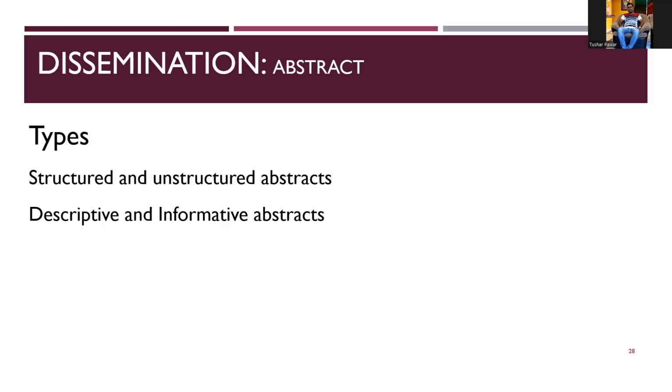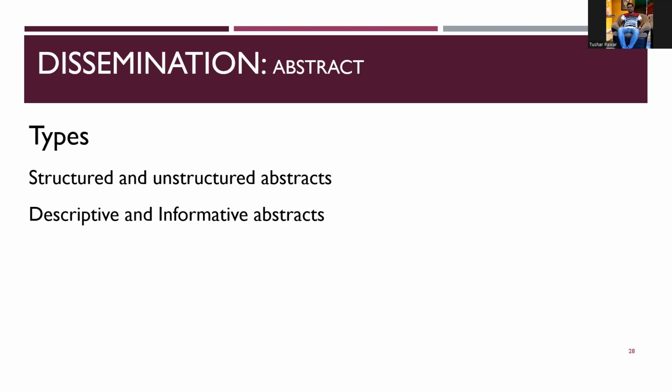The descriptive abstracts are short, 75 to 150 words long, which portray what the paper contains without providing any more details. The reader has to read the full-length paper to know what the content is, and they are rarely used in original research papers. For case reports, reviews, opinions, these descriptive abstracts are used.